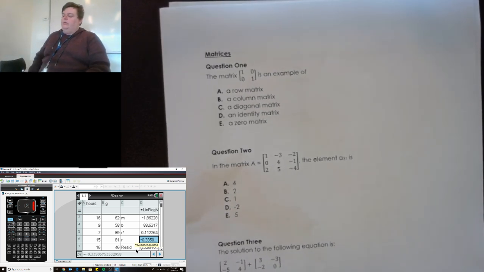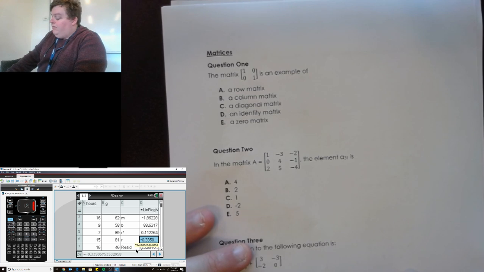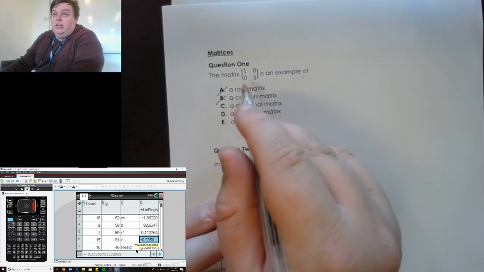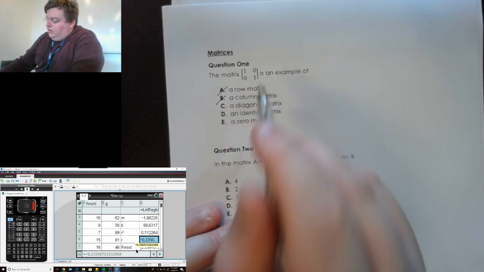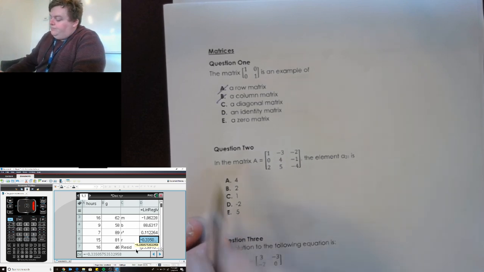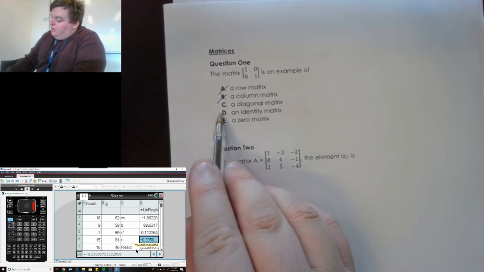All right, first question. Matrix 1001 is a, well, we should already know the answer to that one, but we can say that it's not a row or a column matrix because it's not just rows and it's not just columns. It's got multiple rows and columns. Could be diagonal, could be identity.